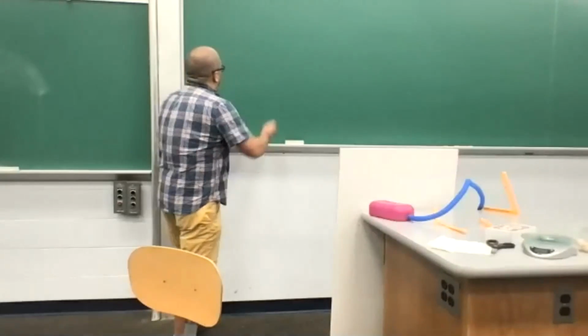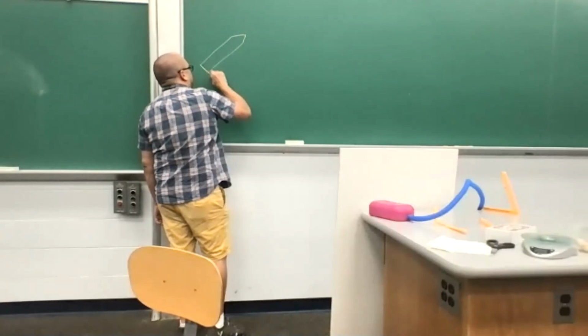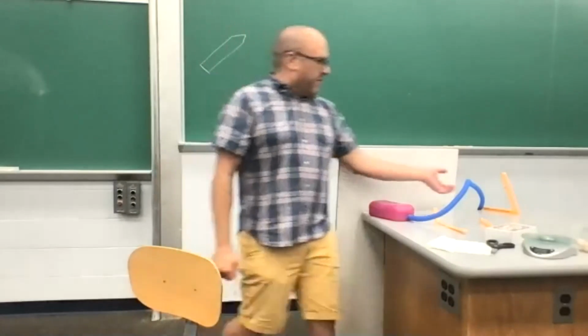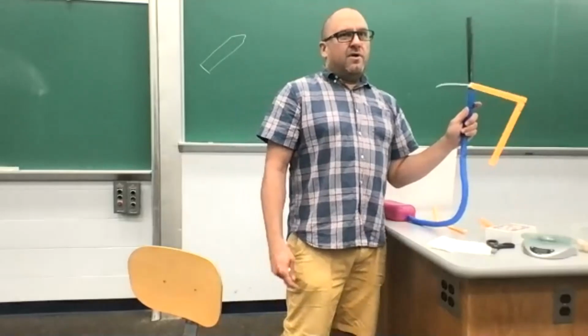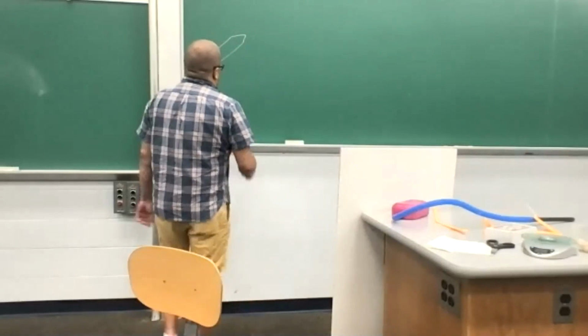So if my rocket launches this way, right, there's the part where it was experiencing the thrust from the air. So once the rocket launched, then let's talk about that.